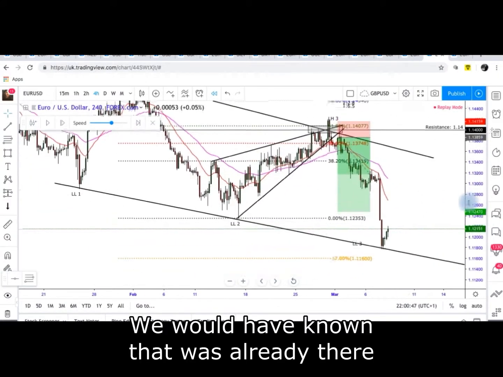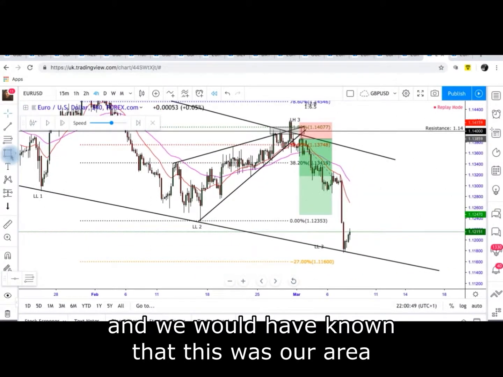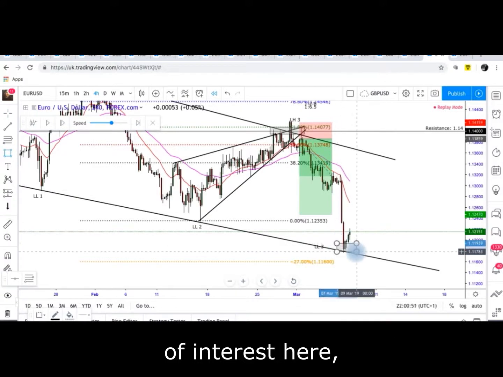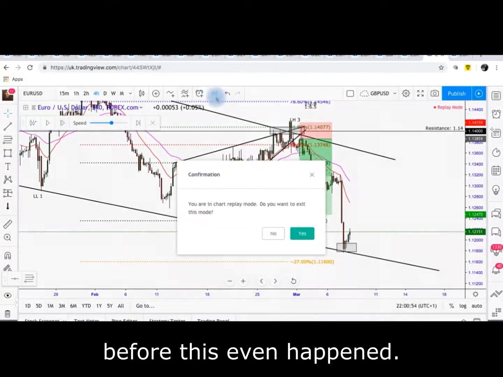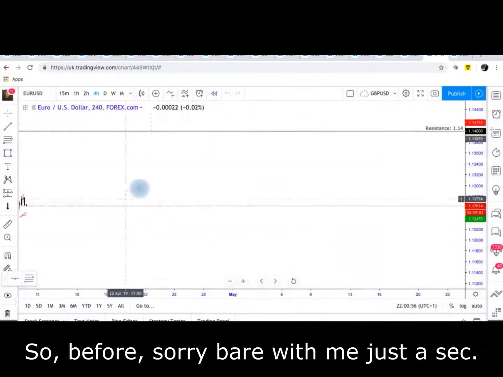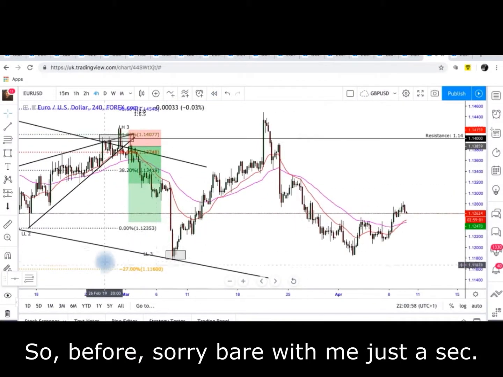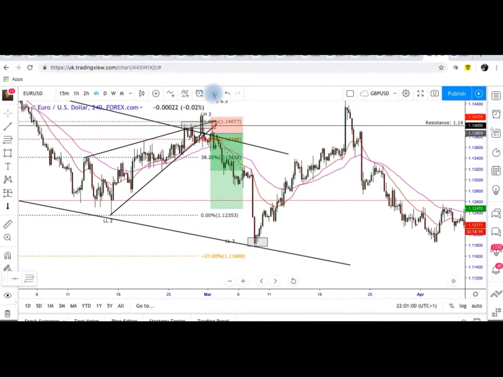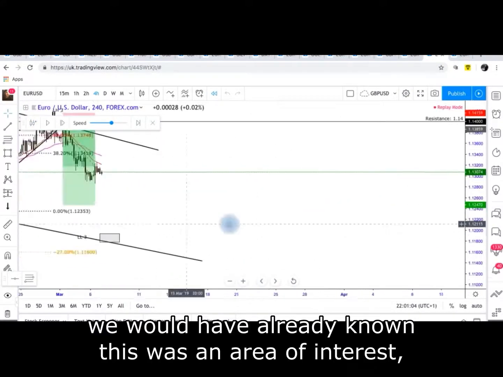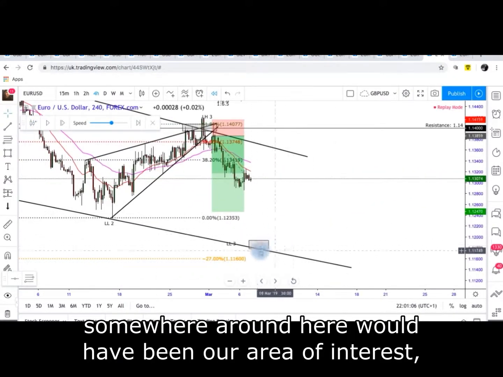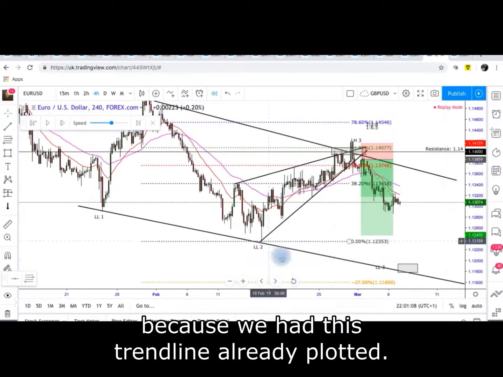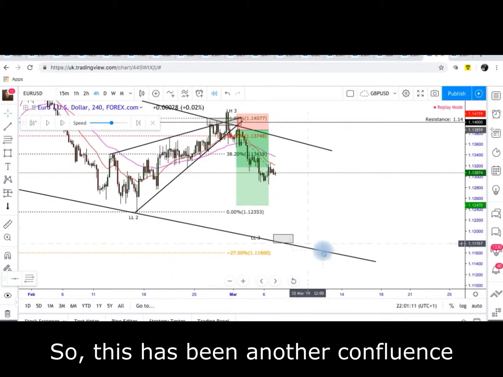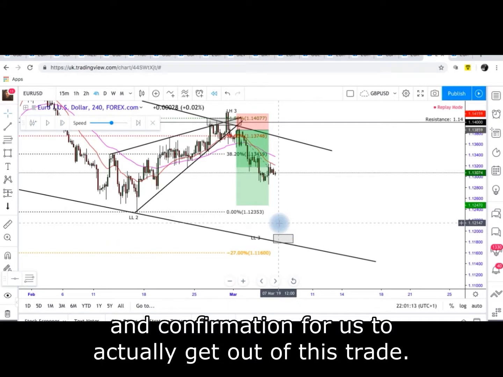We would have known that was already there, and we would have known that this was our area of interest here. Before this even happened, we would have already known this was an area of interest. Somewhere around here would have been an area of interest because we had this trend line already plotted. So this would have been another confluence and confirmation for us to actually get out of this trade.